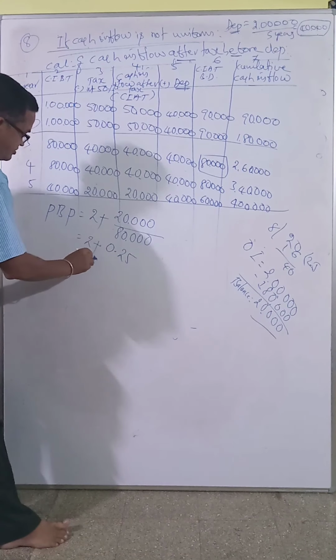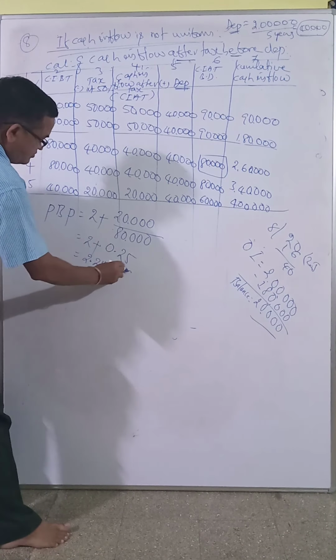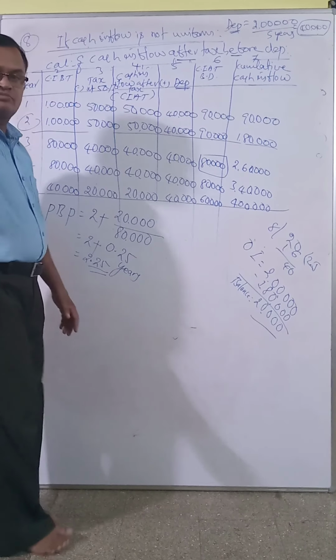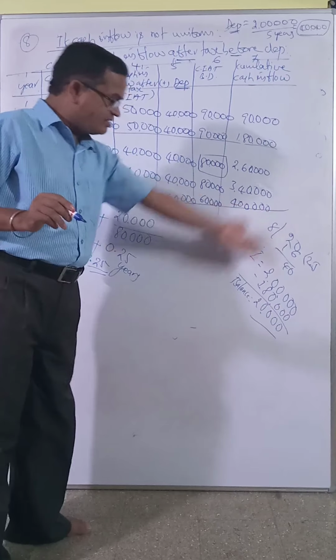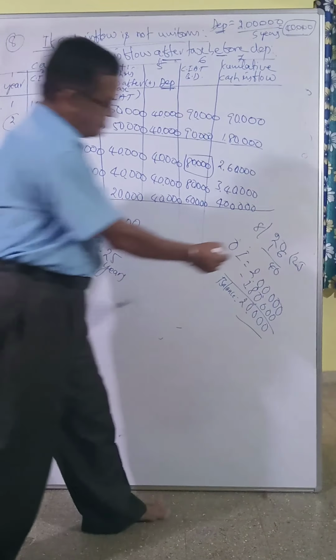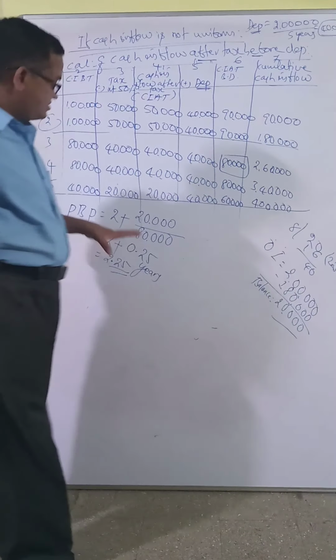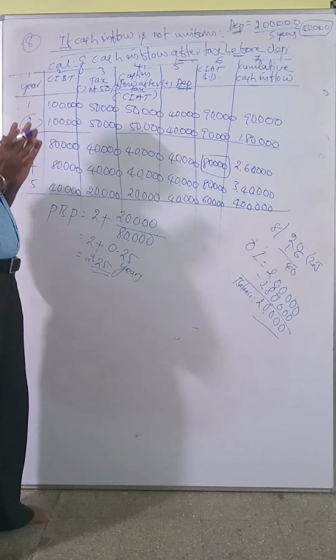So 2.25 years. Manually I calculated that. Okay, this is called payback period.